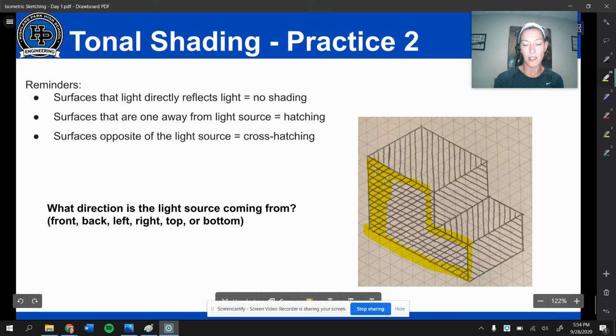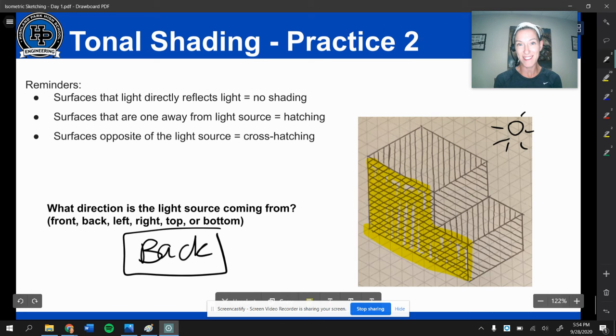Our front surface has cross hatching, which means it's opposite of the light source. So in this case, the light source is actually coming from the back. Did you get it? There's going to be lots of opportunities to practice, not only your hatching, but picking your front view. So good job today.